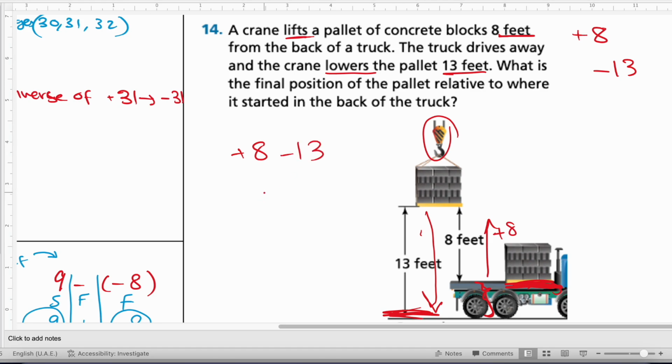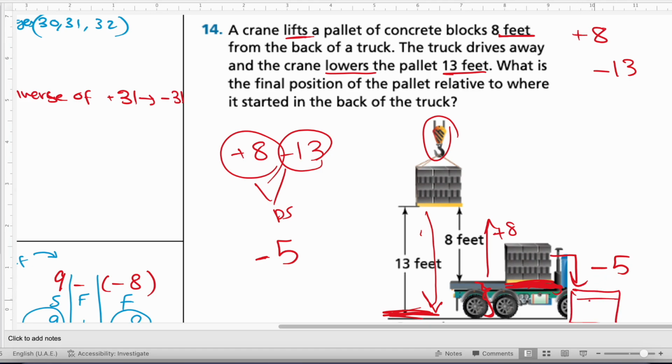You need to combine them. Different signs, subtract. 13 minus 8 is 5, negative. So instead of going up 8 and going down 13, I can say that the concrete block went down 5 feet, which is 5 negative, to reach the floor. That's it. Got it?